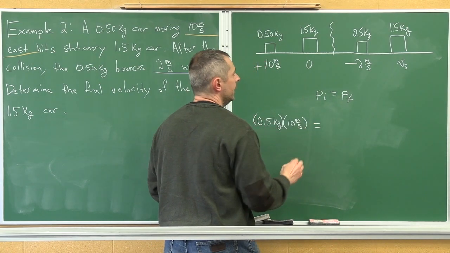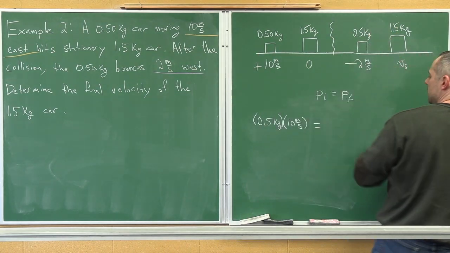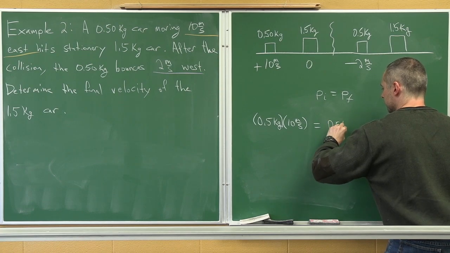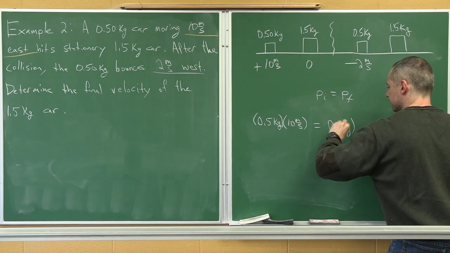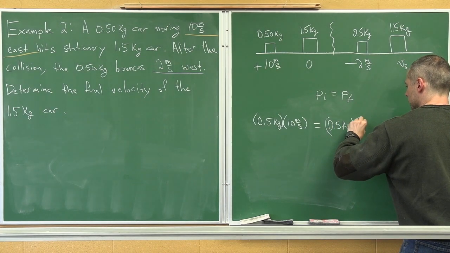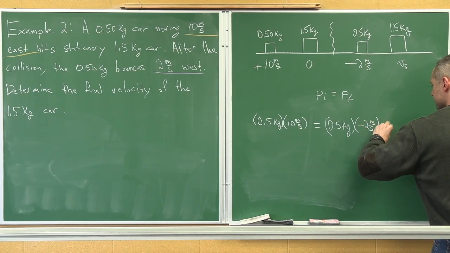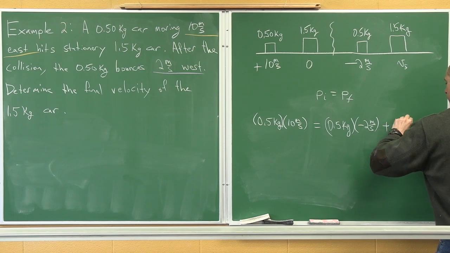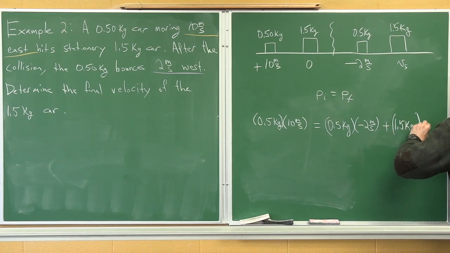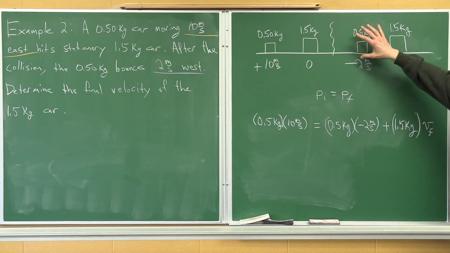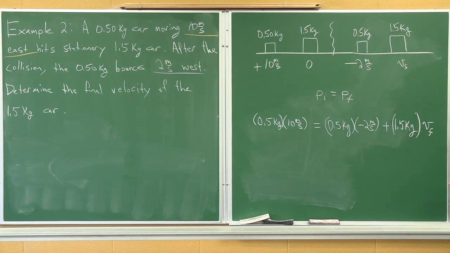And then on this side, mv plus mv, the momentum of the system, will be 0.5 there. mv before equals mv plus mv after.